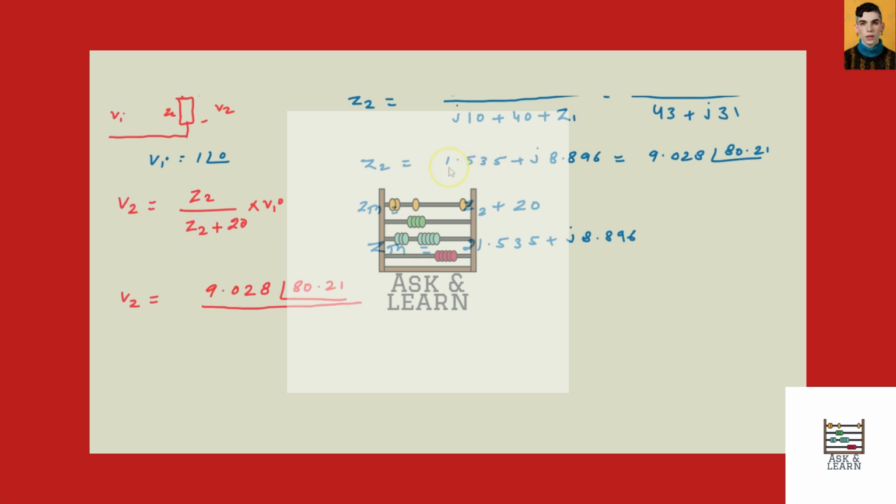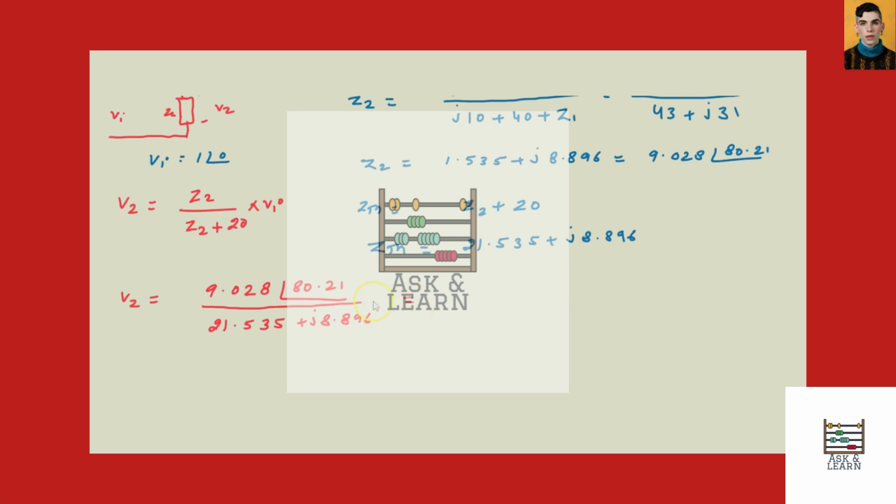Z2 means this value. So 1.535 plus 20 is 21.535 plus iota 8.896.